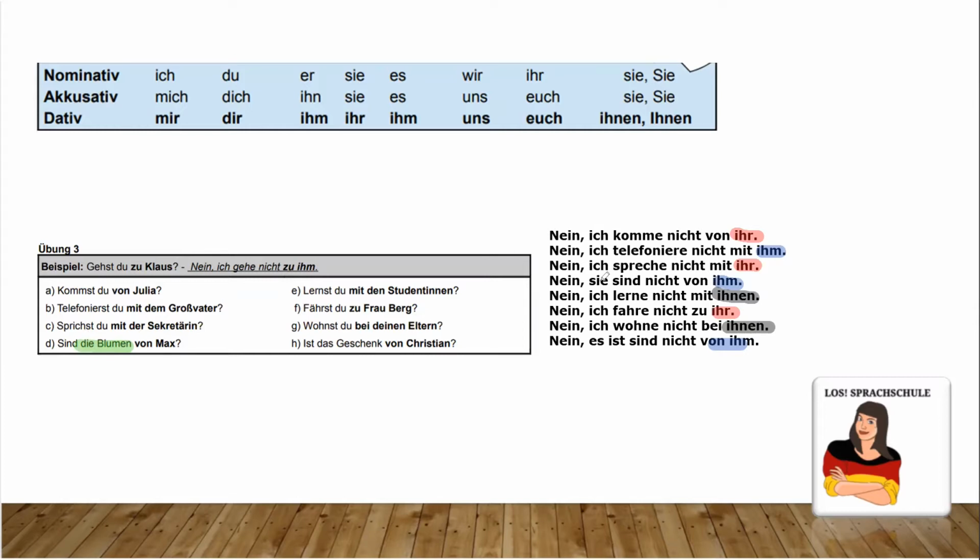So, die Blumen is sie. You can see it here, plural. Same with the last one, das Geschenk, neutral. And we can see it here. Es ist nicht von ihm, it's not from him. Those are examples that show you how to substitute in any case, no matter if it's nominative, accusative, or dative.